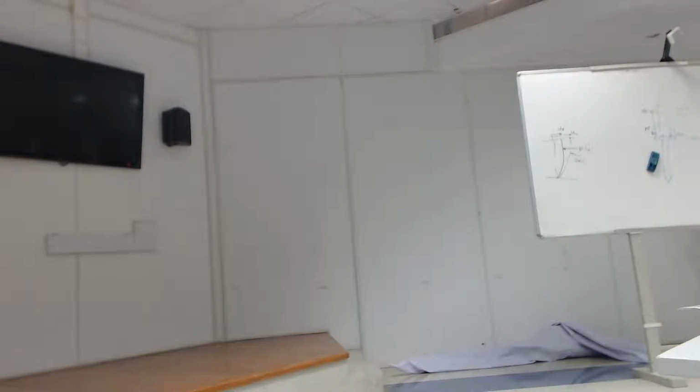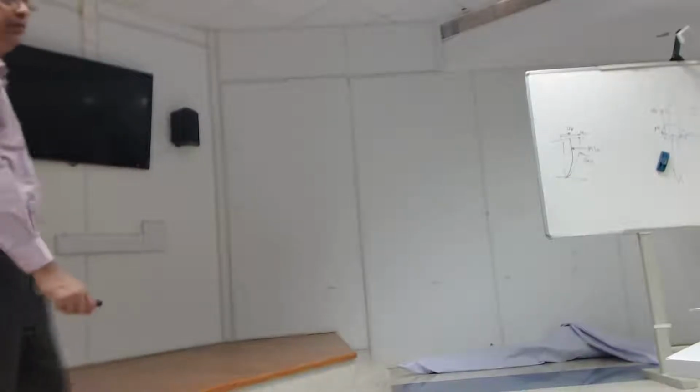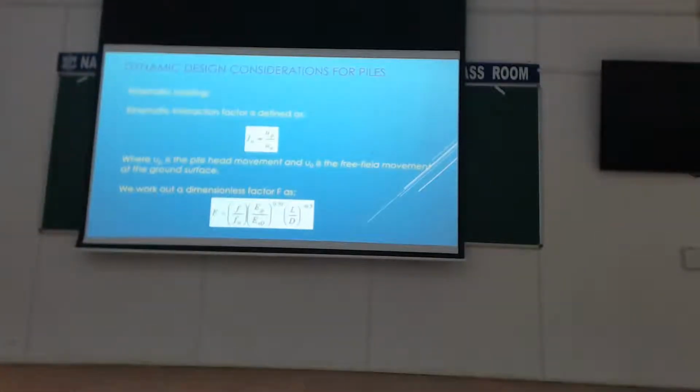Now, the next thing people do is to work out this dimensionless factor F, which brings in two things, interestingly. One is the previous friend we had, EP over ESD, which is the relative stiffness of the pile with respect to soil, with all my reservations about ESD.